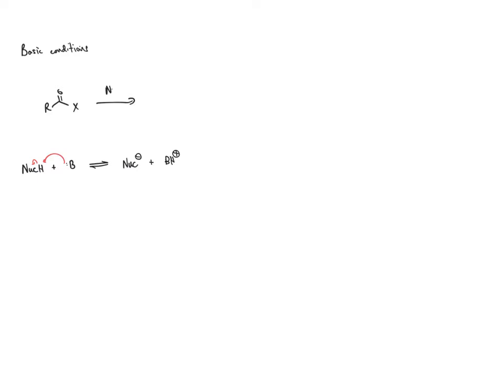This nuc minus can then undergo nucleophilic acyl substitution, so nucleophilic attack onto that pi star CO. This happens because the HOMO has been raised by the deprotonation. Last step, collapse of the tetrahedral intermediate with loss of a good leaving group. And then you'll get the new carbonyl, which now has nucleophiles substituted.